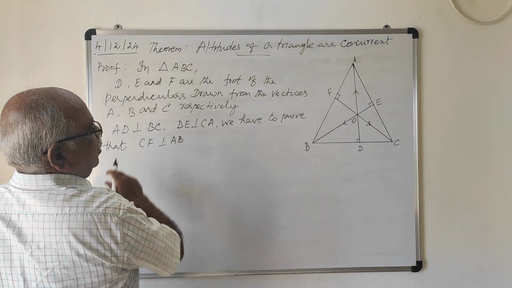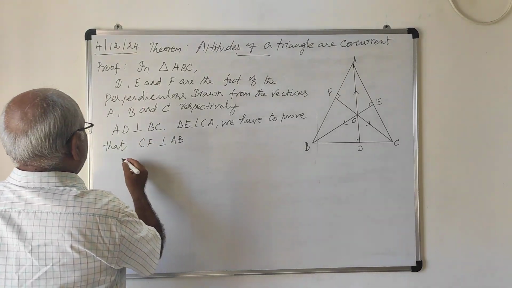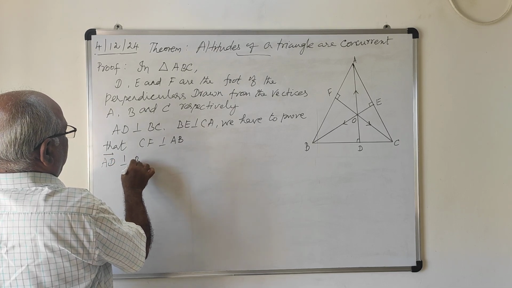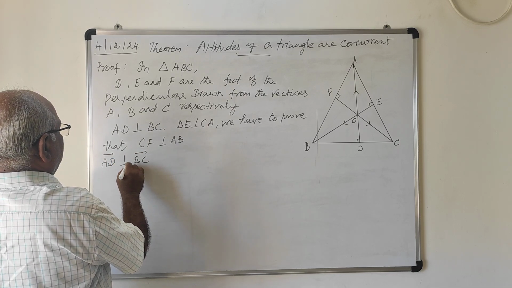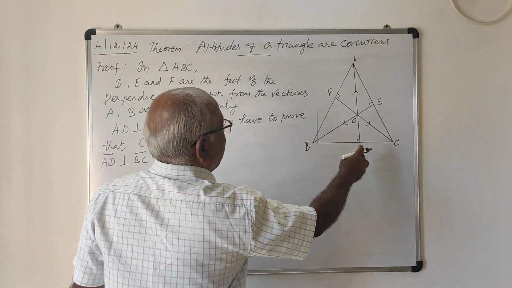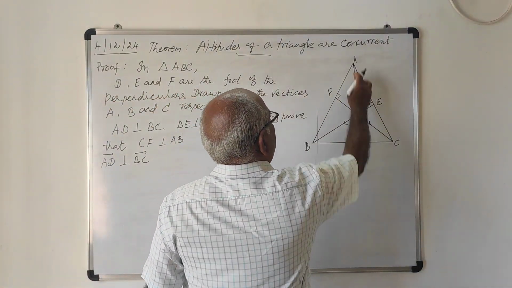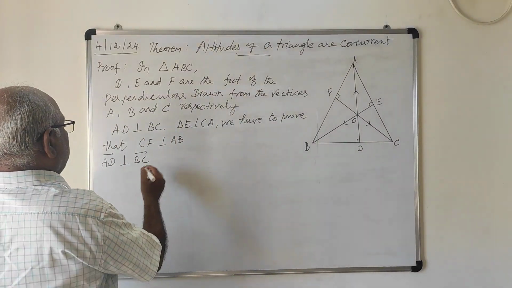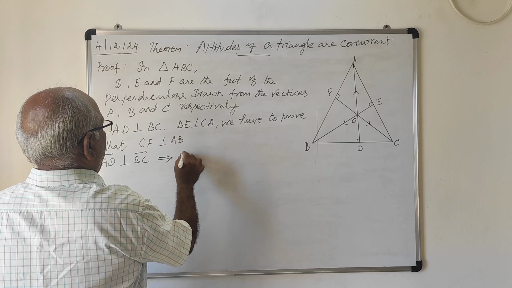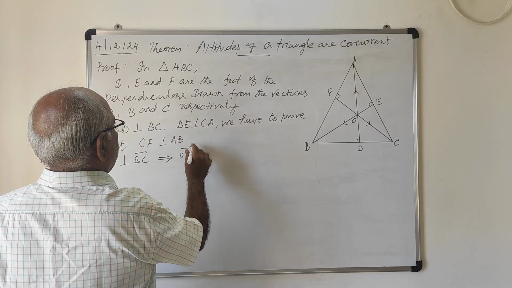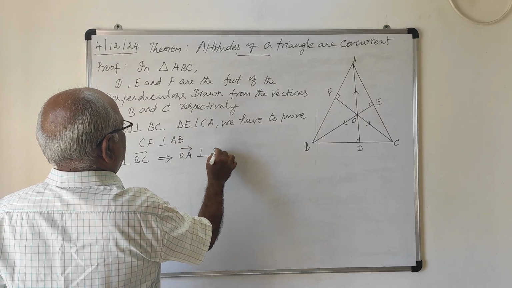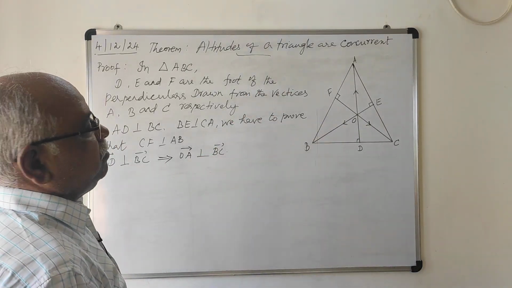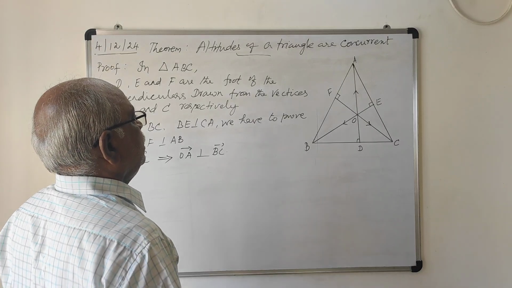We know AD is perpendicular to BC. Since AD is perpendicular to BC, it means OA is perpendicular to BC. In triangle ABC, O is the origin, and A, B, C are the position vectors of the vertices.